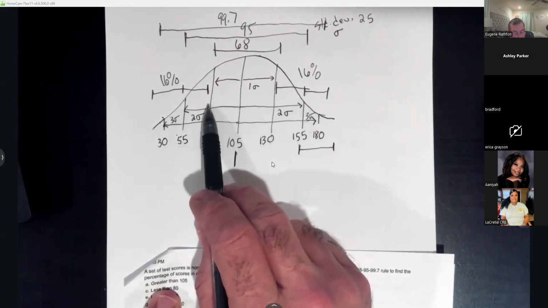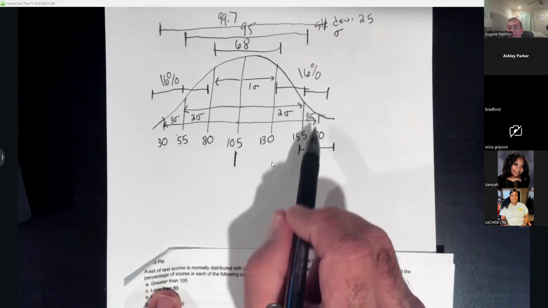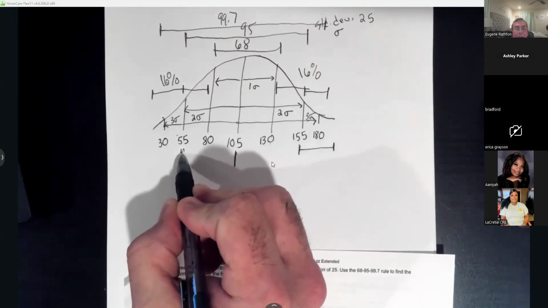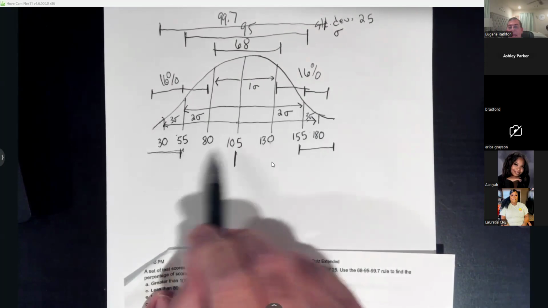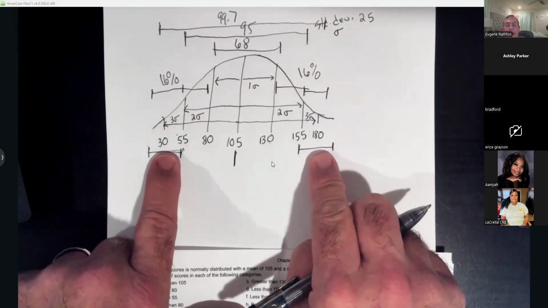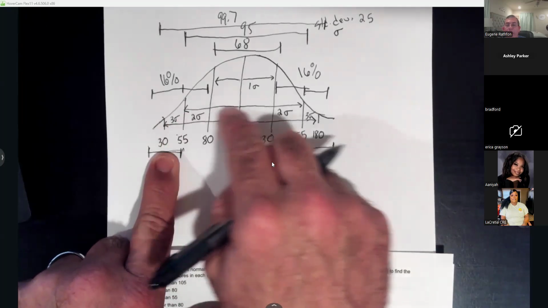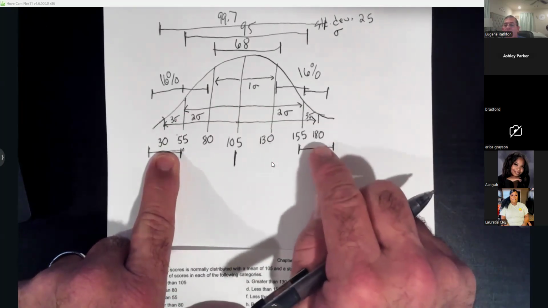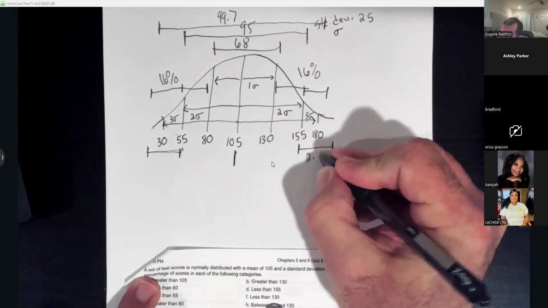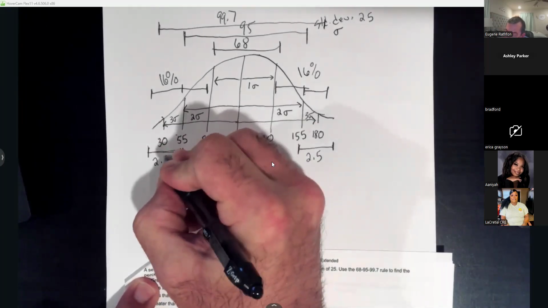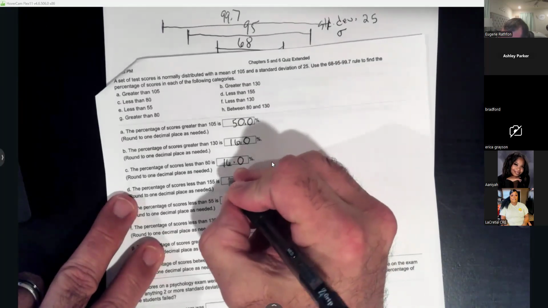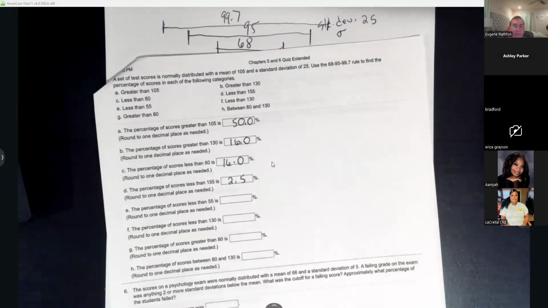That's leaving 5% for this little section and this little section when you add them together. So take that 5%, divide by 2, and each of these would be 2.5. So we would come in here and put 2.5.